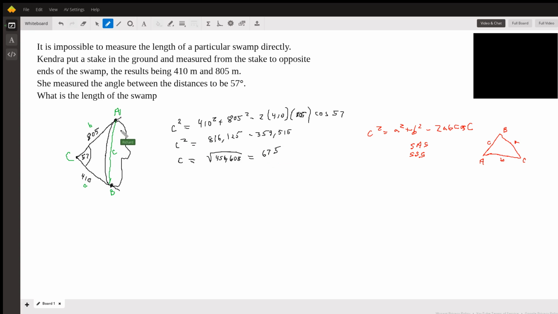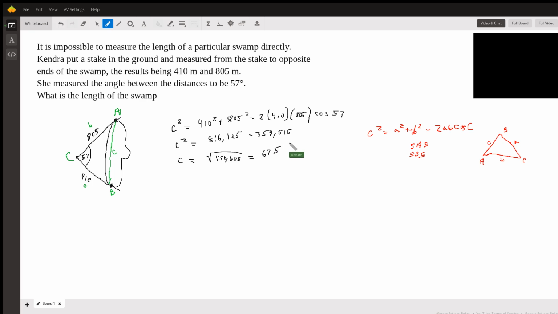And you can see from the diagram that it looks like it might be 675. Of course, it's not drawn to scale. All we can do is try to estimate what it might be, just to tell us whether we're in the ballpark or outside the ballpark of what the answer should be. And this seems pretty reasonable based on the diagram.